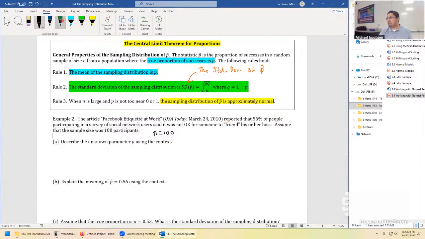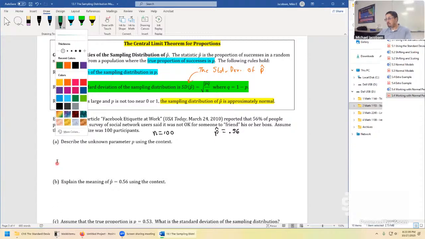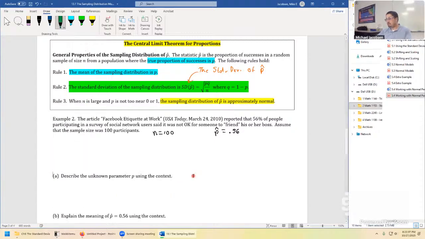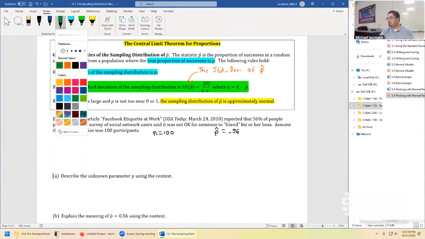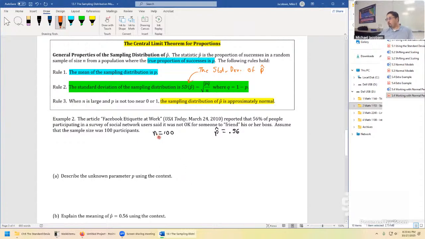So that tells us that P hat in this problem, let me use a different color since the color coding has a different meaning here, P hat is 0.56. One thing I should mention right away is writing these down is a good idea because they all feed back into formulas.